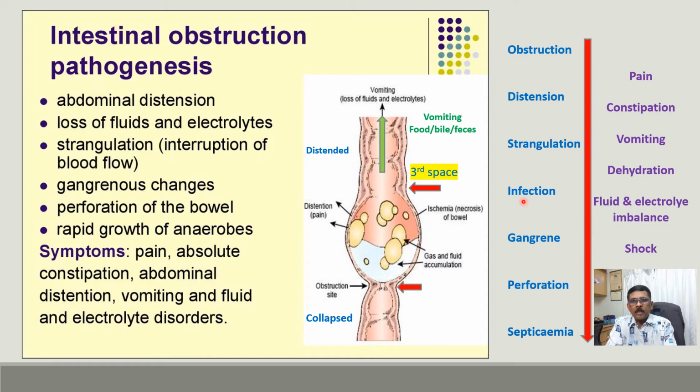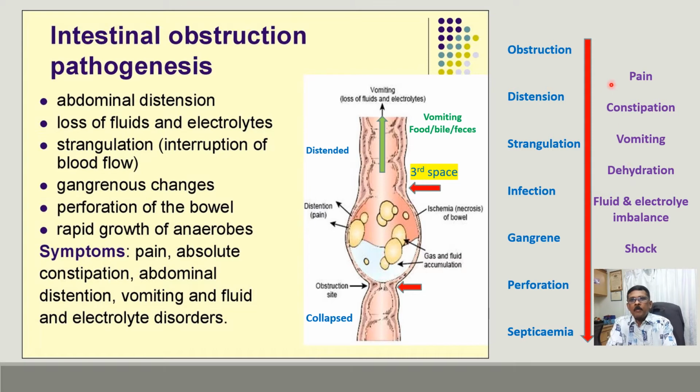The barrier to bacteria is broken because of this strangulated bowel, so the bacteria translocate into the blood circulation and cause bacteremia or septicemia, that is infection. The bowel then goes into gangrene and perforates, leading to peritonitis and septicemia.